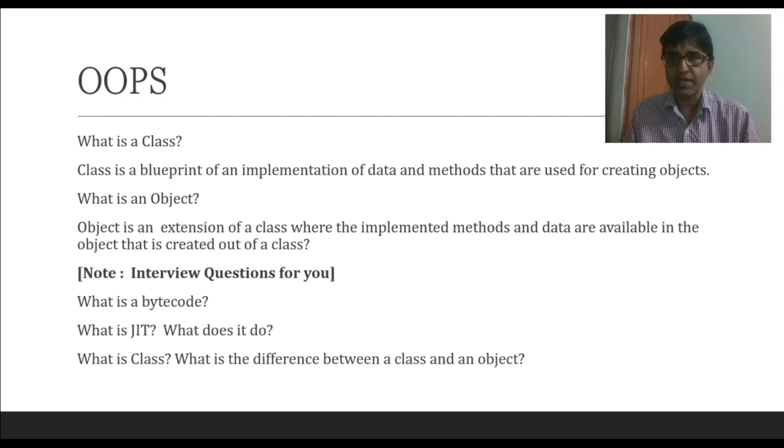What is the architecture of Java? They'll ask you the difference between interpreter and JIT, just-in-time compiler, and you have to distinguish all these differences. Please refer to the previous slides. I have given that answer, so you can refer to it.